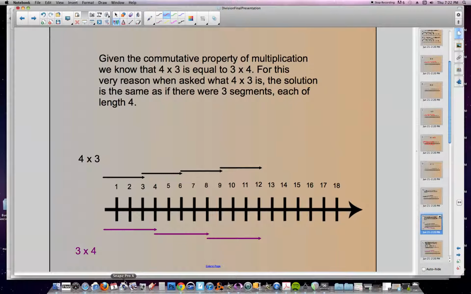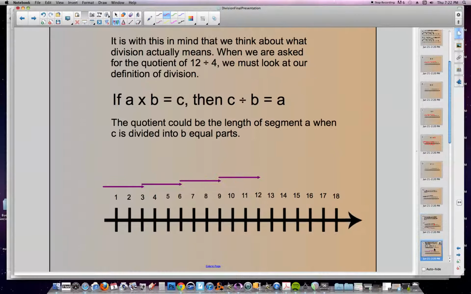This is where this really starts to get important. 4 times 3, we're saying, hey, I've got 4 segments that each have a length of 3. When we say 3 times 4, we're saying, hey, I've got 3 segments and each are a length of 4. They are equal. They wind up to the same place on the number line, but the path looks different. It's two different ways of thinking of it. And this suddenly becomes very important in division.